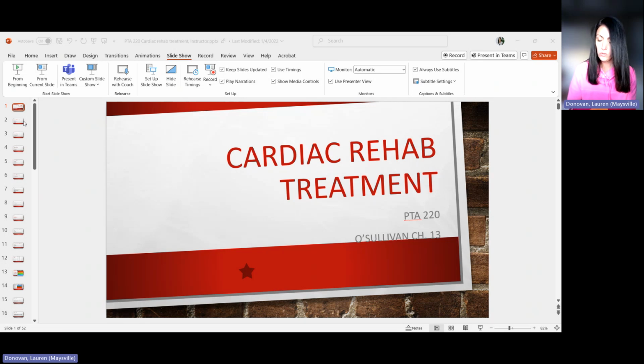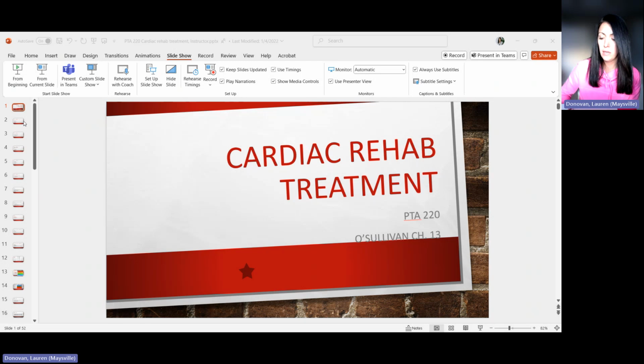So treatment is going to be very geared to symptoms, like their vital signs, how they tolerate progressions, and utilizing what's called RPE, also the angina scale, so that way we can improve their capacity and tolerance as well, and improve their quality of life. There's a lot of things that are pretty redundant, I feel like, at the very beginning.